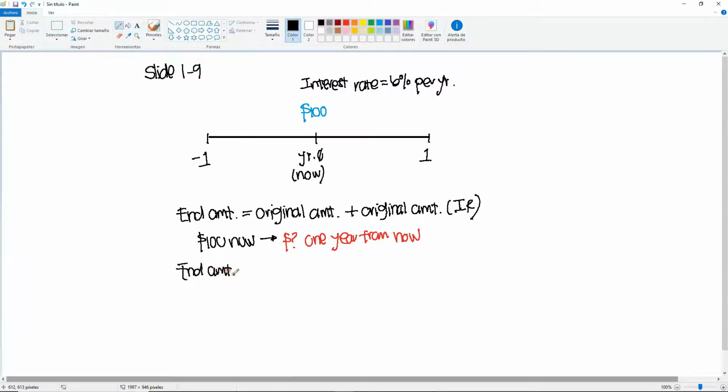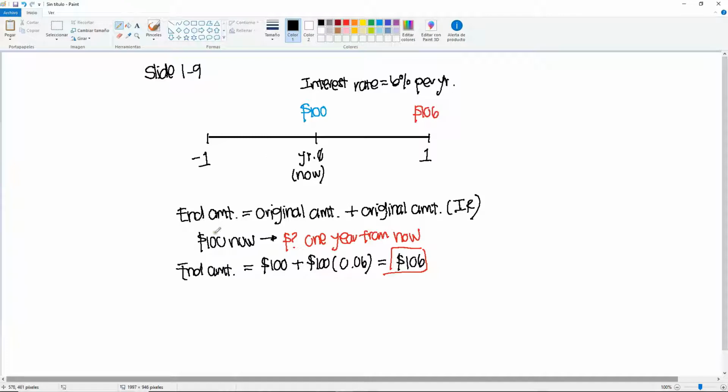The end amount will be equal to 100 plus 100 times 6%, which is 0.06. This will give us a total of $106 1 year later. So that's where the 106 is coming from.